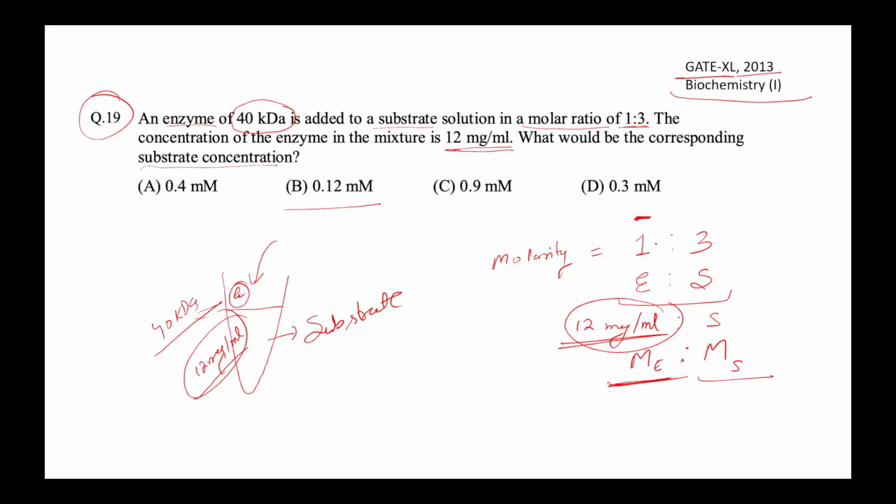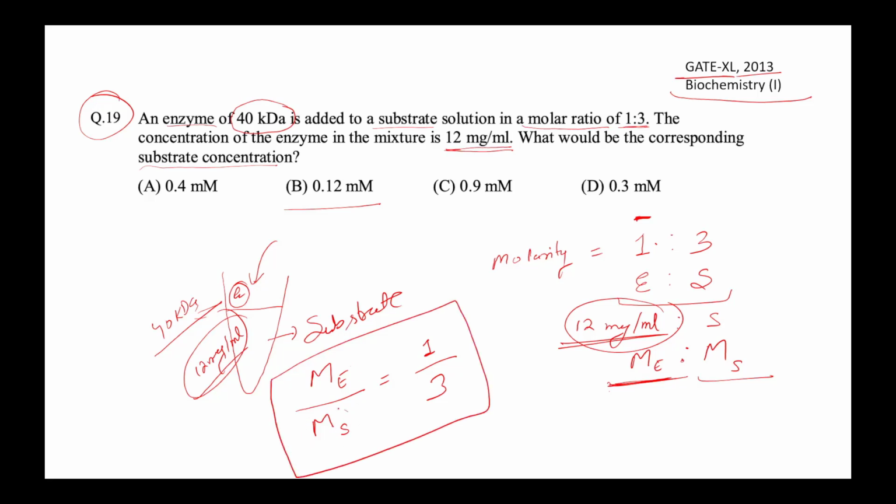The basic equation is molarity of enzyme to molarity of substrate is 1 is to 3, 1 part enzyme and 3 parts substrate.